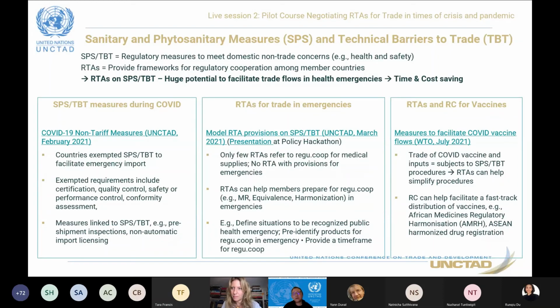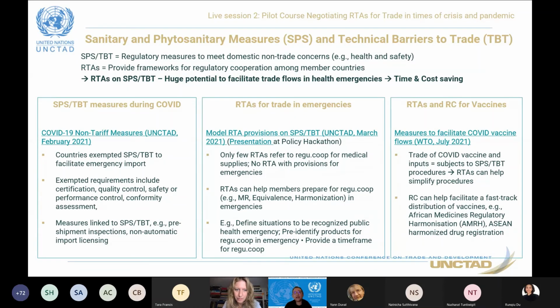They also talked about how, beyond RTAs, there is regional cooperation that can help prepare the ground when the emergency hits, such as the African Medicines Regulatory Harmonization, and also within ASEAN, there is a harmonized drug registration. So it's about regional cooperation in the area of pharmaceuticals.